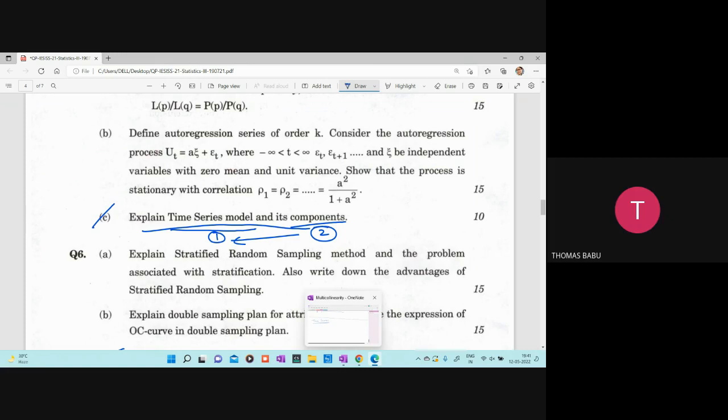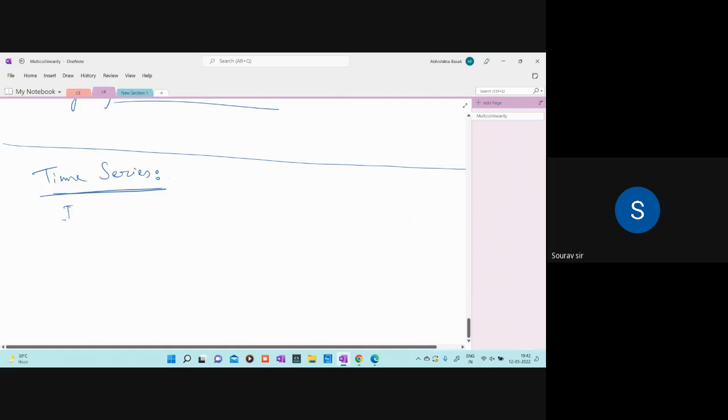Yes, madam. So first we can write a little bit of intro, right? And then we can say what the four components of time series are. One is my trend, which is denoted by this. Since all the components are with respect to time, a typical time series has these components.